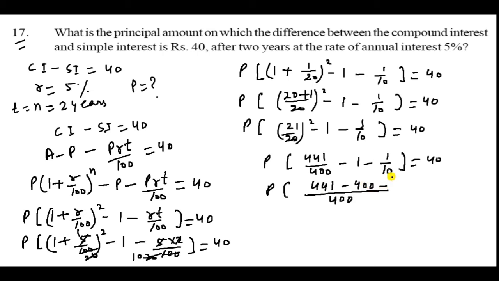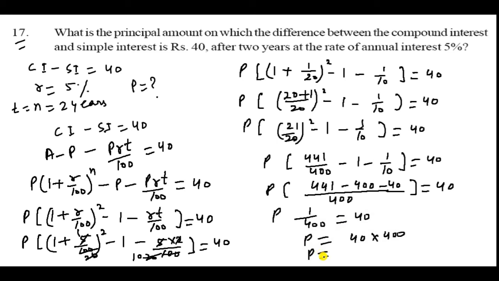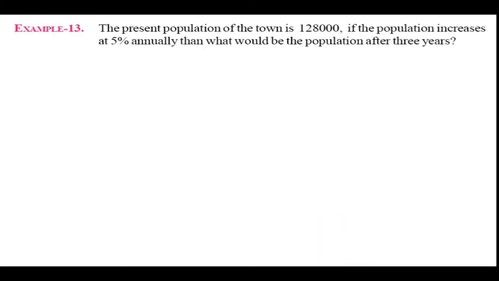So P here is 21 upon 20 whole square minus 1 minus 1 upon 10 is equal to 40. So it will be 441 upon 400 minus 1 upon 10 will be equal to 40. Let us take the LCM, that is 400. So it is 441 minus 400 and minus 10 times 40, that means it is 40, and it is 40.